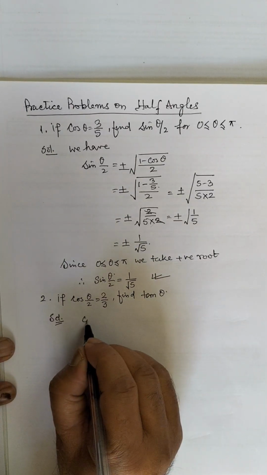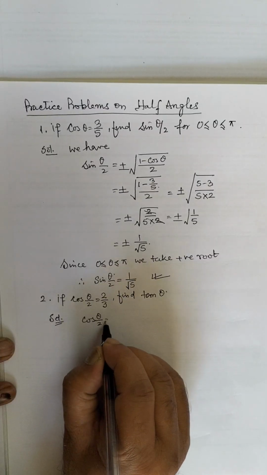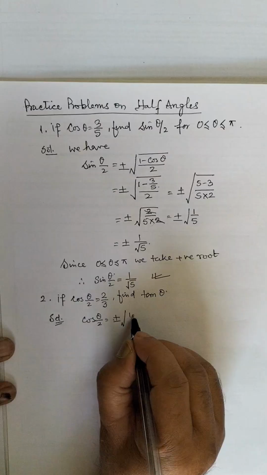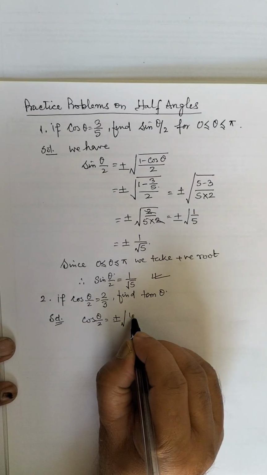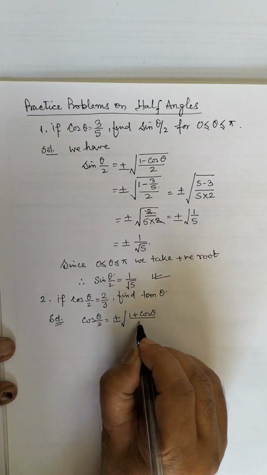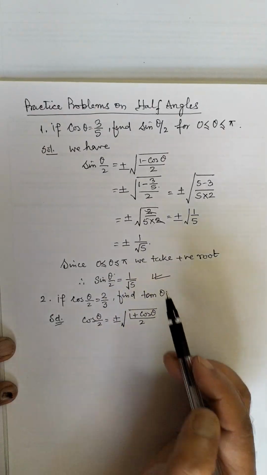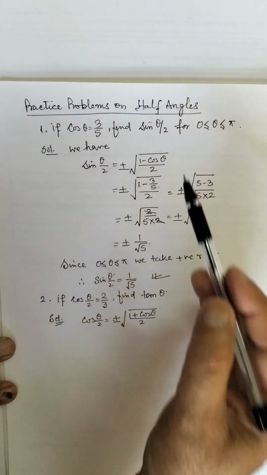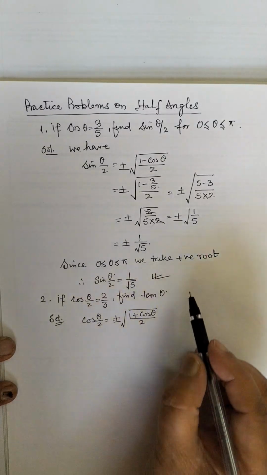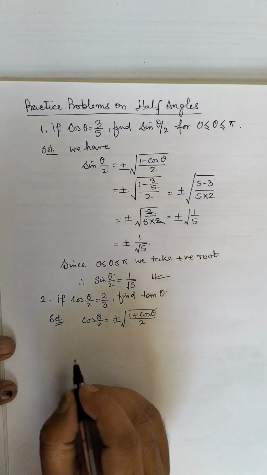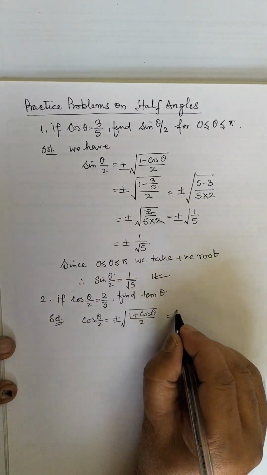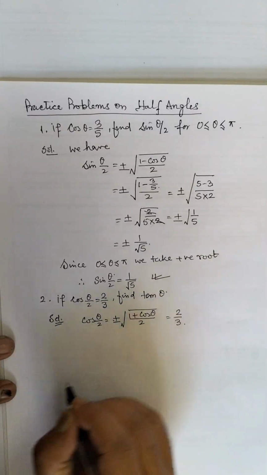We know cos theta by 2 is plus or minus root of 1 plus cos theta upon 2. In the previous question, we were to find out sin theta by 2. Now here cos theta by 2 is given and we are to find out tan theta. Now this cos theta by 2 is given to be equal to 2 by 3.